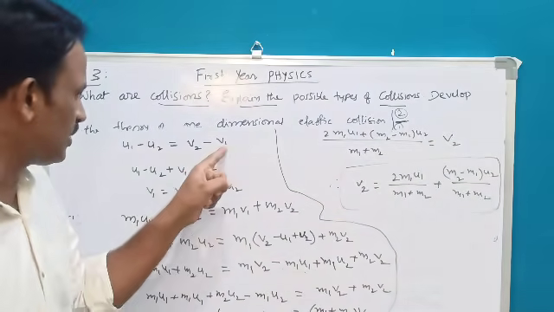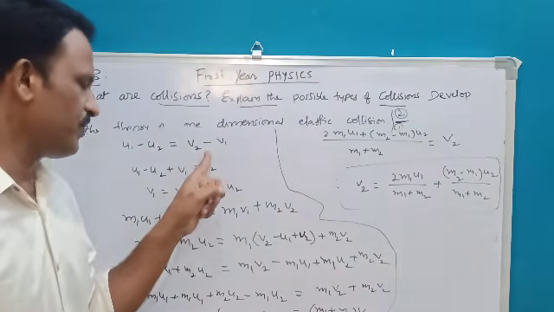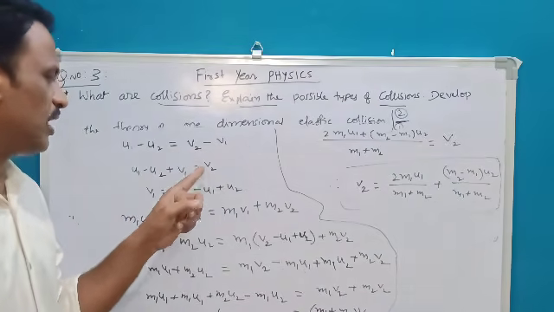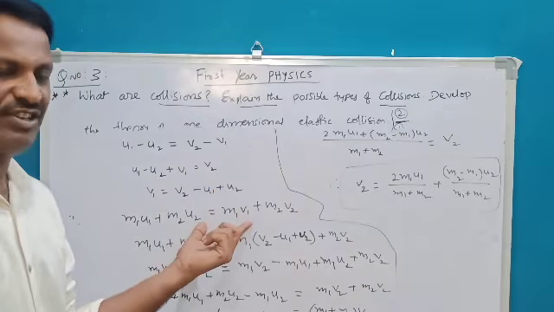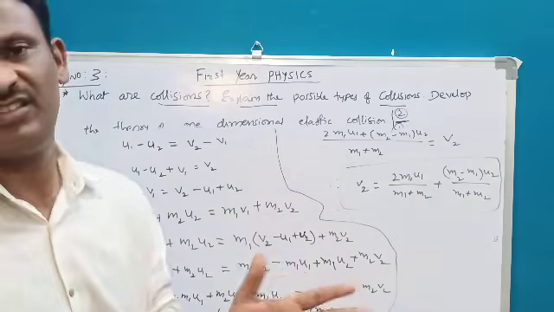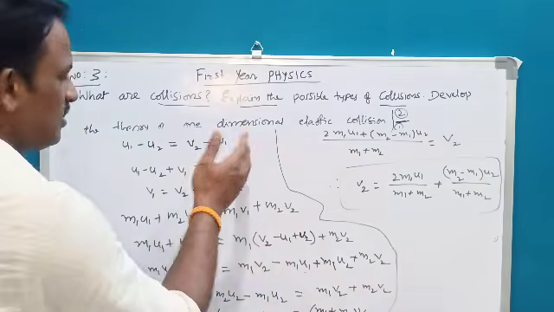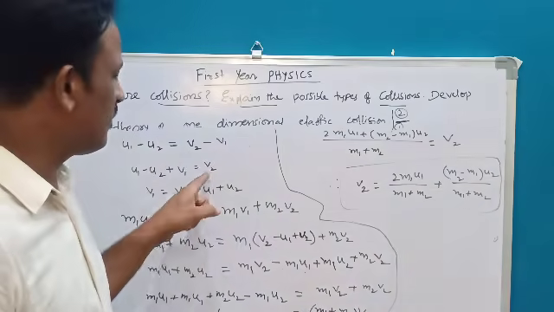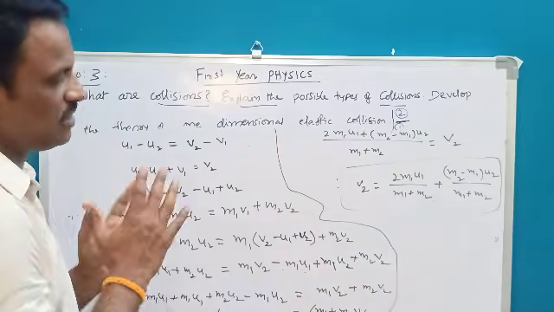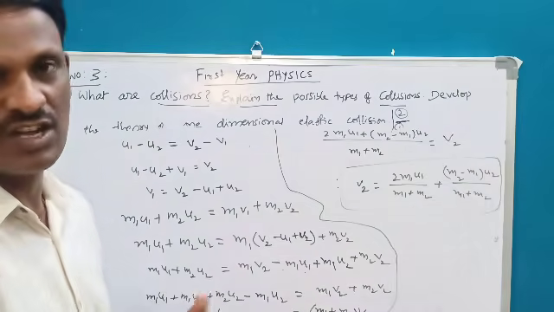Once you know this equation, you get the value of v2 and keep it in the first equation. Wherever v2 is there, you have to substitute, separate it, and then you will get the v1 value. In the same way, if you are keeping v1 here, you are going to get v2. Okay, so this is how this concept goes on.